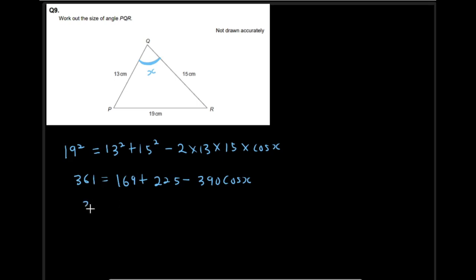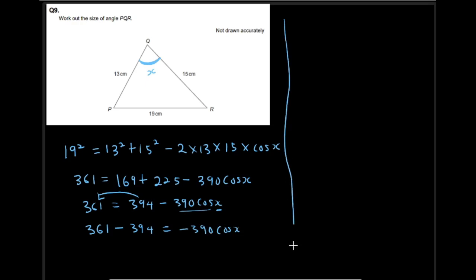Okay, and that will give you 361 equals 169 plus 225, which is 394 minus 390 cos x. Right, so to get x, we move this to the other side of the equation, and then we're going to have 361 minus 394 equals, this will be left on the right hand side, minus 390 cos x.